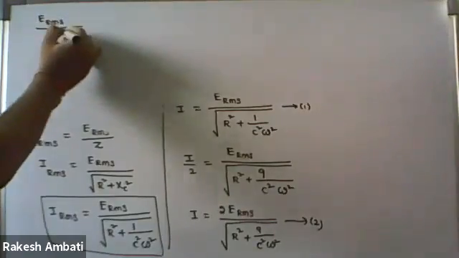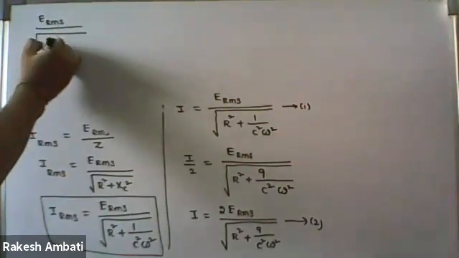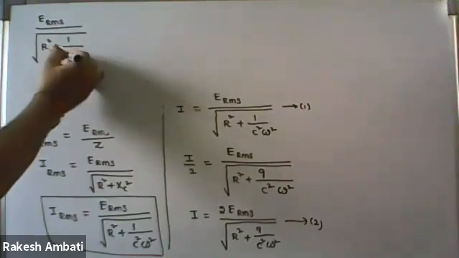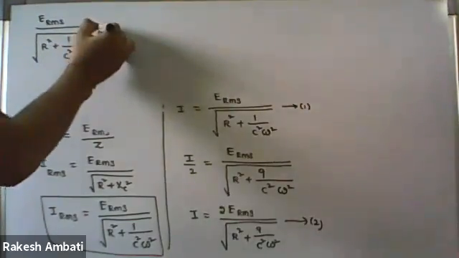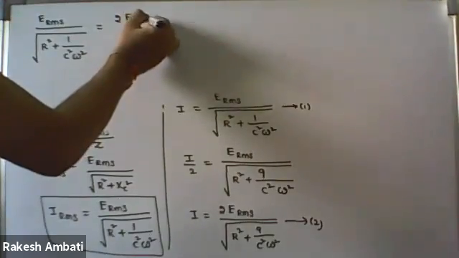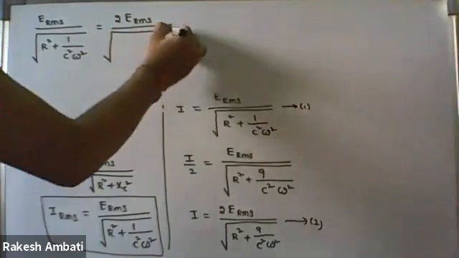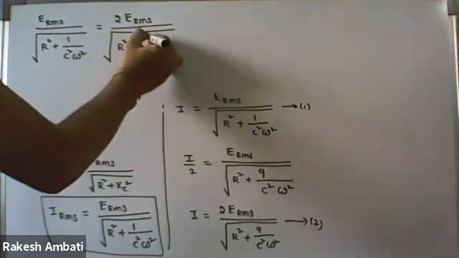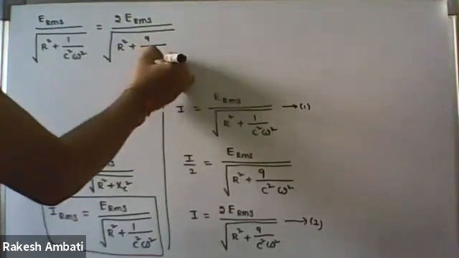ERMS upon root over R square plus 1 by C square omega square equals 2 times ERMS upon root over R square plus 9 upon C square omega square.